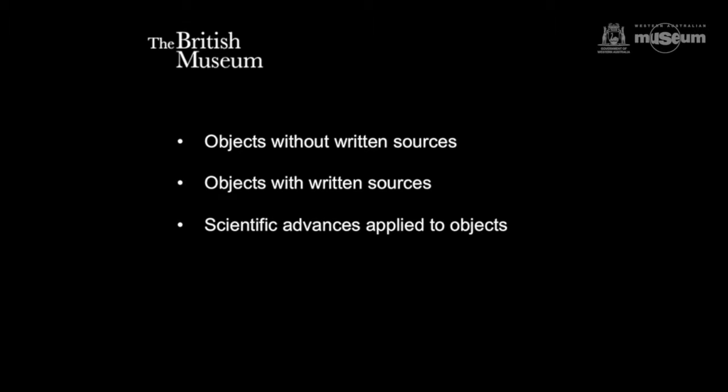Then objects which can give us a different perspective on periods of history which are well recorded. And then some of the new ways that we are learning to extract information from objects through modern technology, which are telling us things about the past that perhaps the makers of the objects never really thought that they would be telling us.